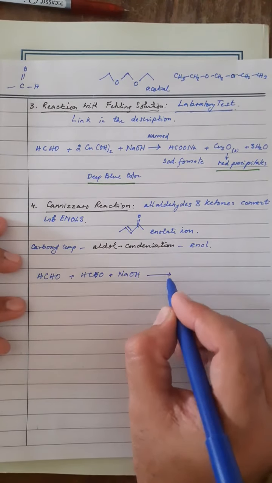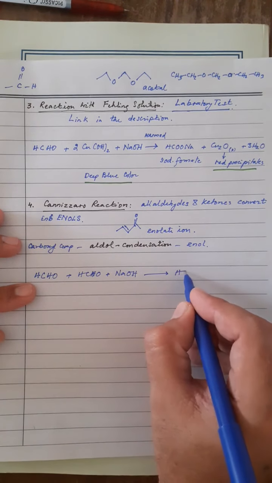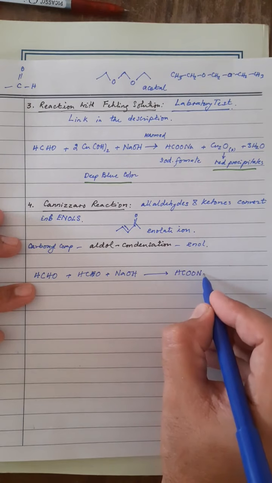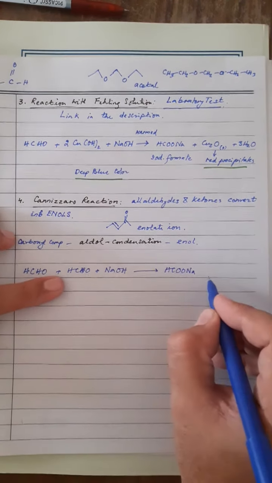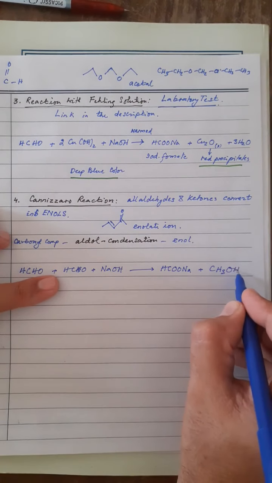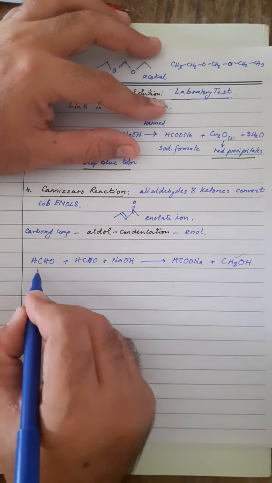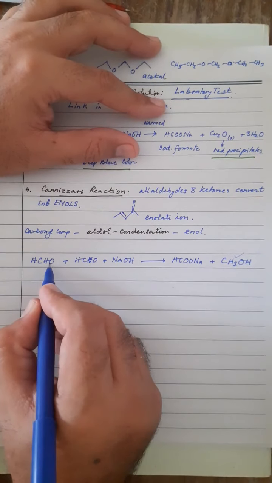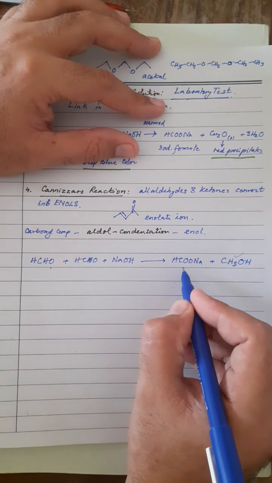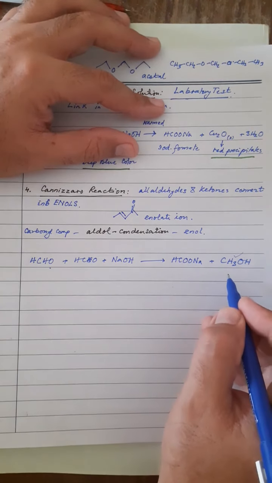In that case, one of the formaldehydes is oxidized to make HCOONa, and the other is reduced to make CH3OH. Now, how is it oxidized and how is it reduced? One formaldehyde gains oxygen, more oxygen in it. The other formaldehyde gains more hydrogen in it.